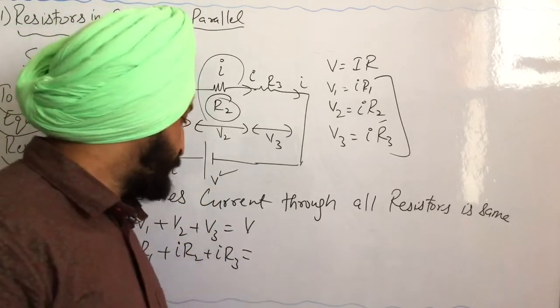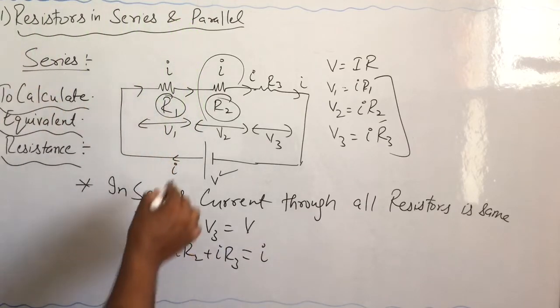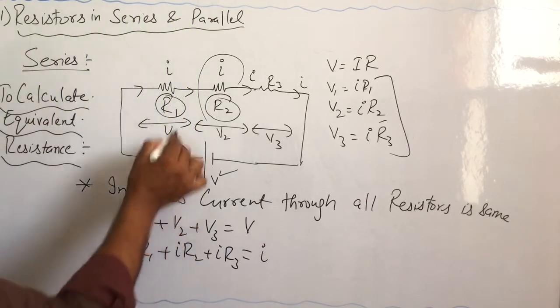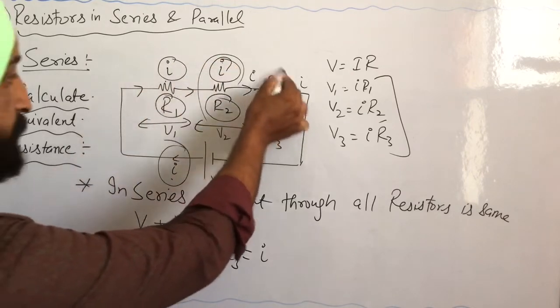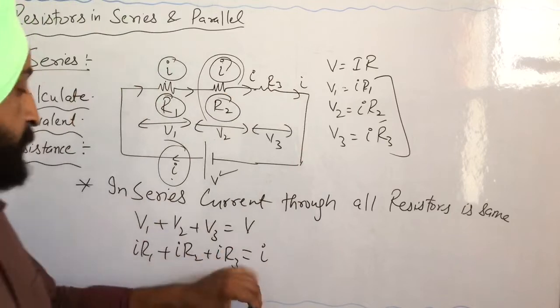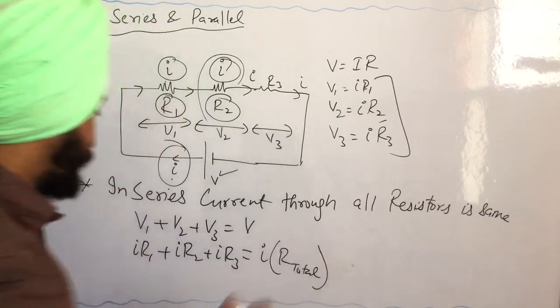Now what will be the net potential of the battery? It would be total current times total resistance. The total current generated from the battery is the same as the current passing through the first, second and third resistors. So I will write I into R total.